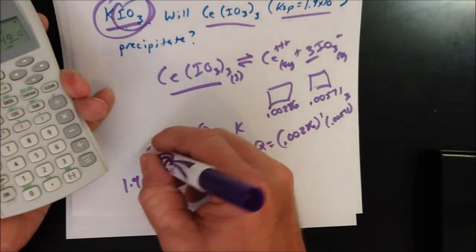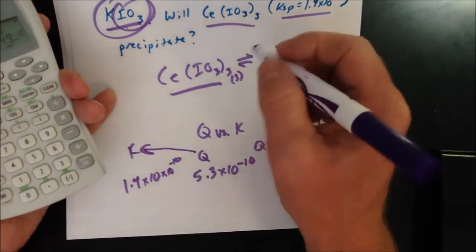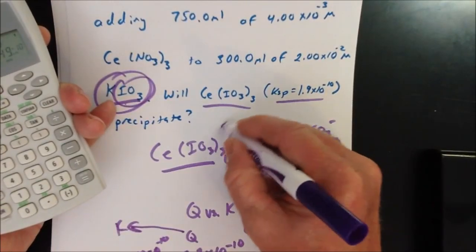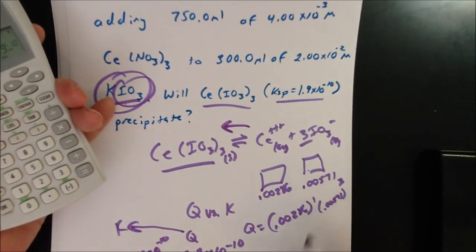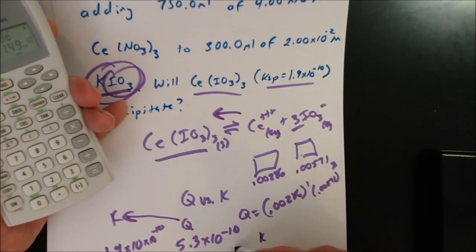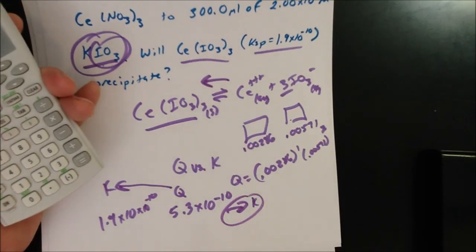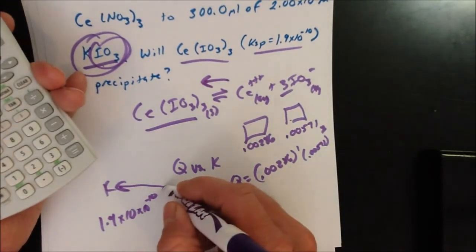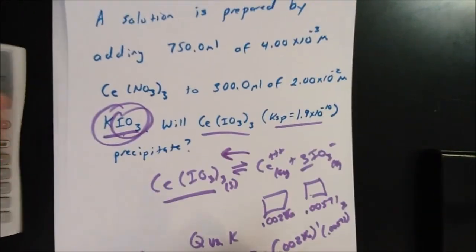And Q will go toward K. Q will go toward reaching equilibrium. So when I write it this way, then that tells me that this will, in fact, precipitate. If these values had been a little bit smaller and K had been over here on this side, then we would have said no, it favors the ion side, and it would not. But these values were, in fact, large enough for this to shift to the reactant side. So yes, it will precipitate.